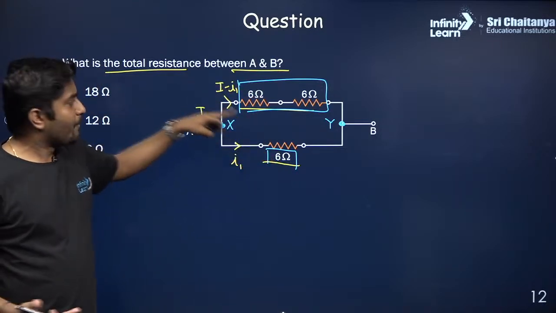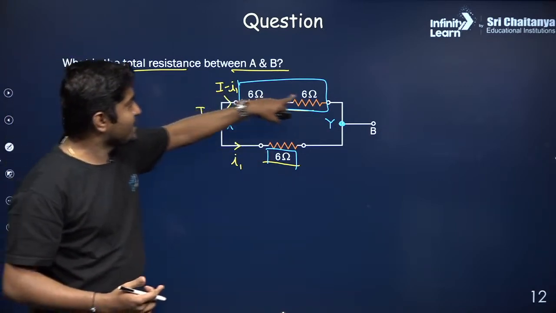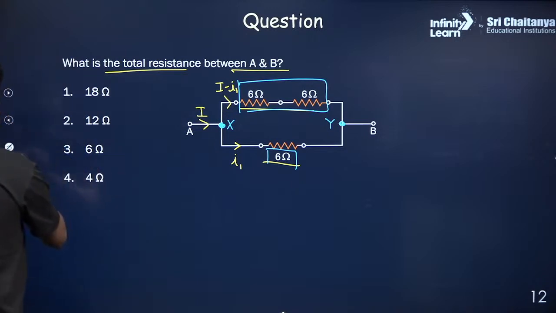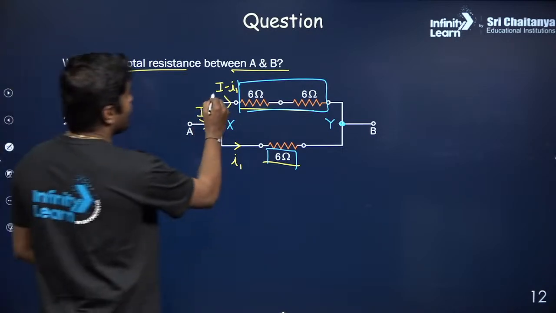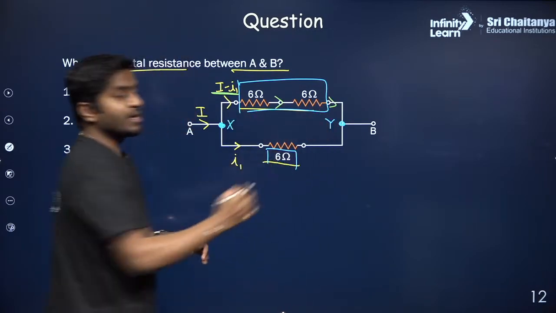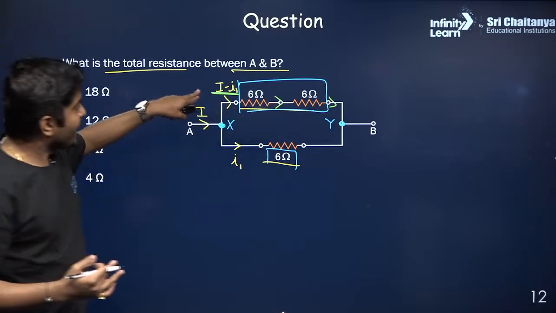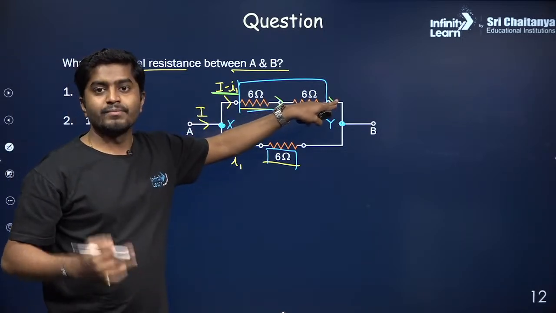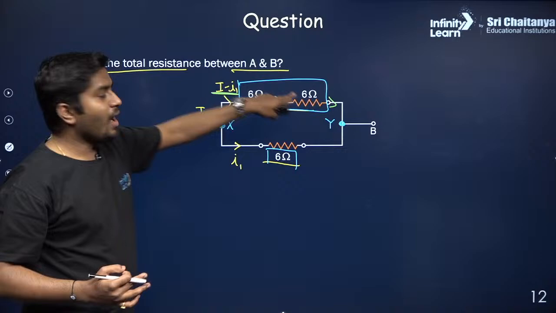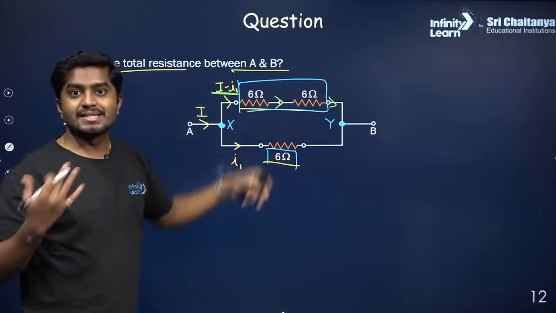But before we solve for the parallel, understand these two resistances. The same current will flow through these two 6 ohm resistances. If the same current is flowing through them, that means these two are in series. So we have to calculate our series first.